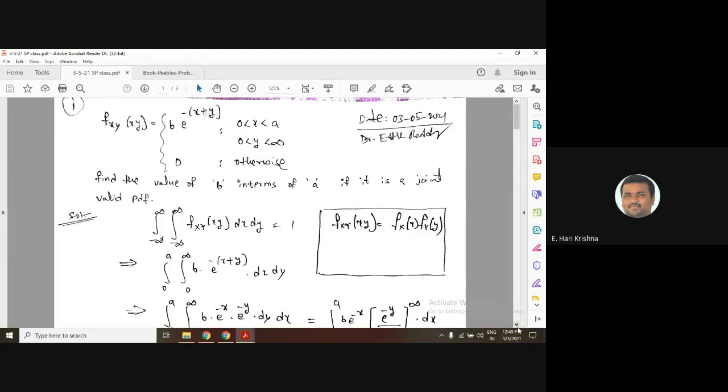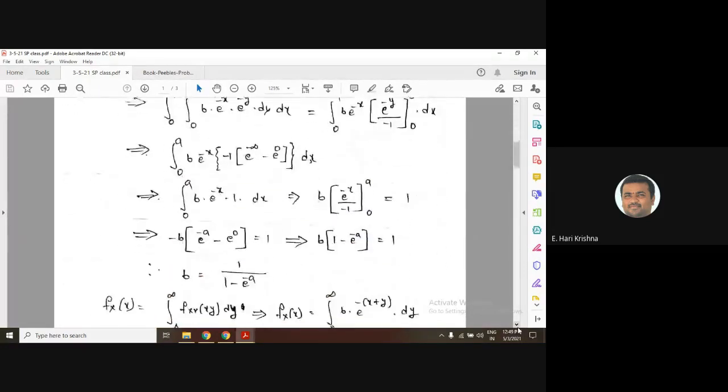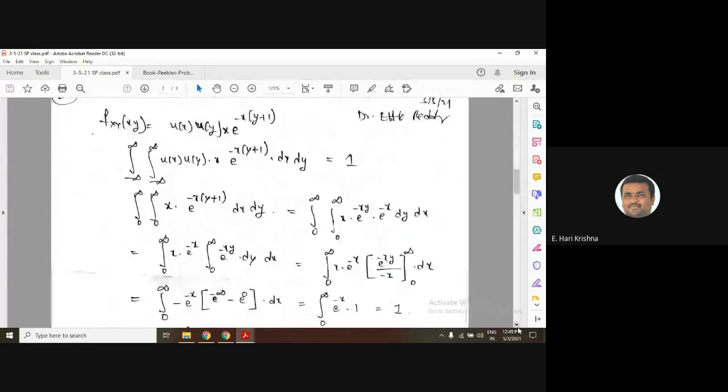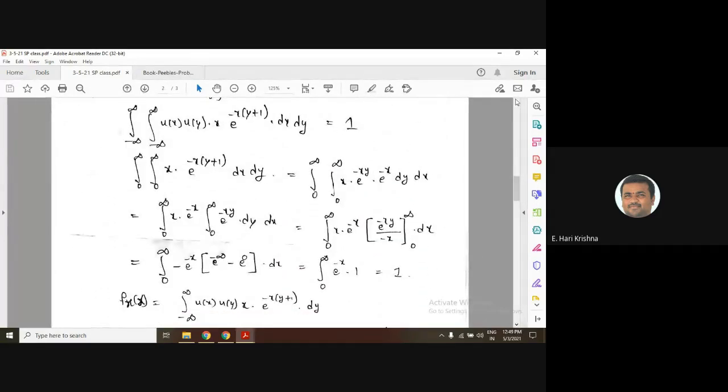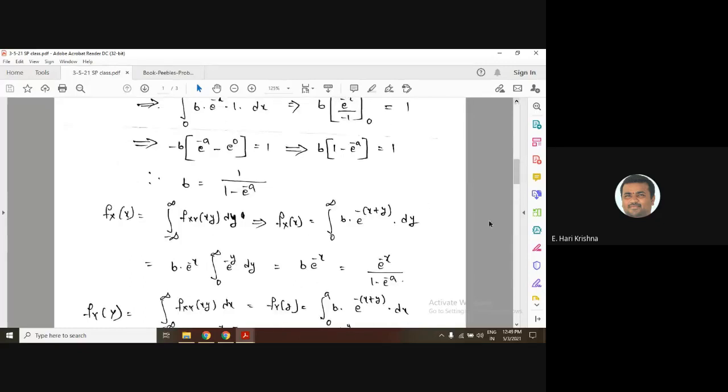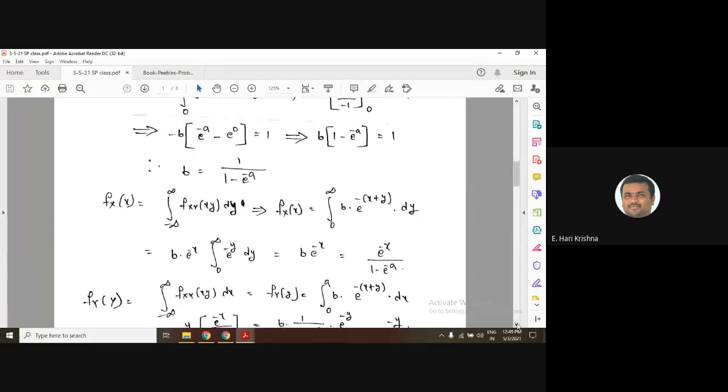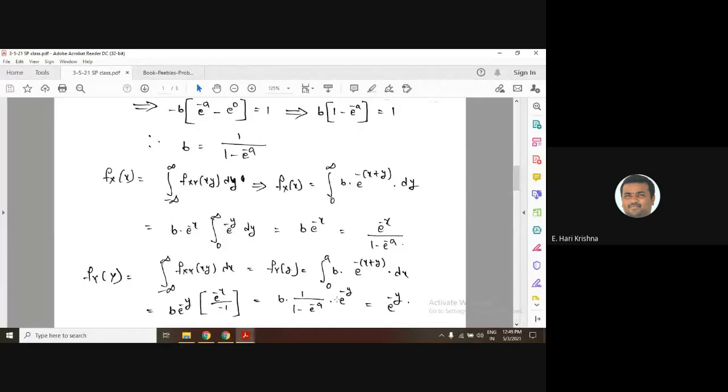So exactly the same thing has been taken here. So fy of y is equal to the integral from 0 to a of b into e power minus of x plus y dx. Similar case, because we are performing with reference to x, b into e power minus y is a constant kept outside.